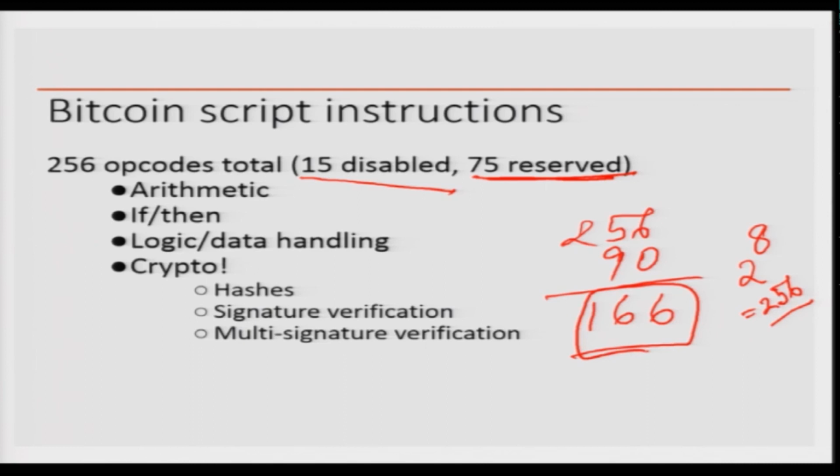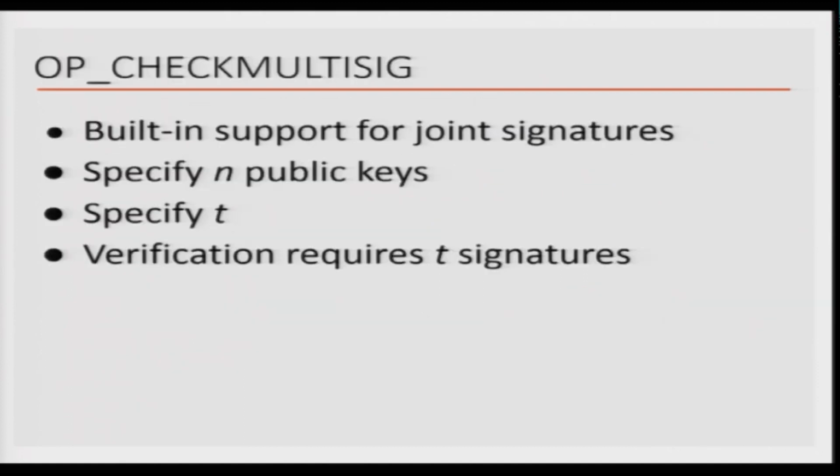Some of the opcodes are arithmetic; in our example we did not see any arithmetic. Others are if-then, logic or data handling, and crypto functions like computing a hash, verifying a signature, verifying multiple signatures, things like that. So, it is a very simple and small language.